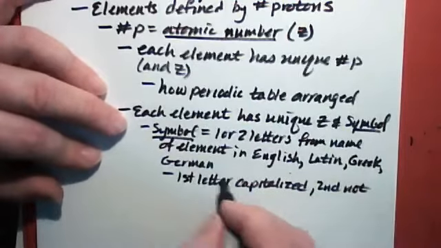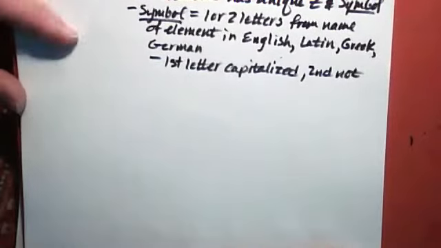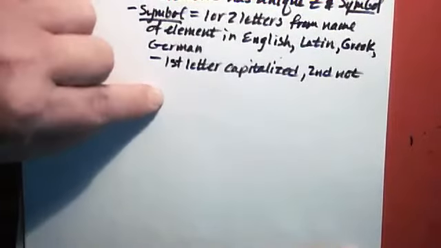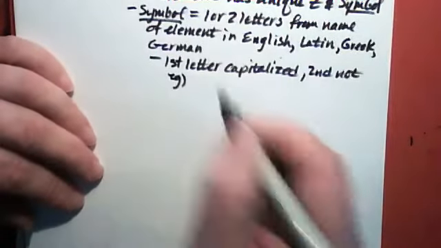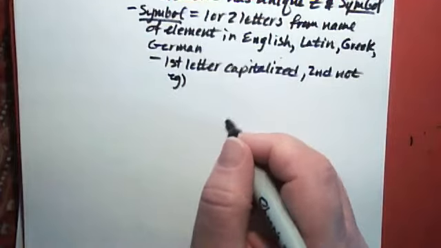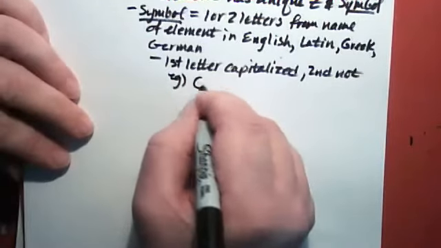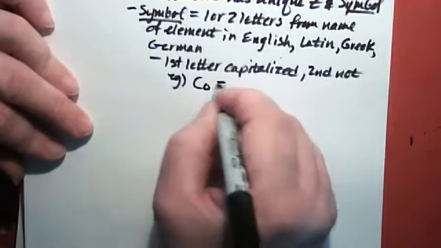And it's important to remember when writing the symbols for elements that the first letter of each symbol is capitalized, and the second one, if there is a second one, is not capitalized. An interesting example of how not following those rules can lead to confusion would be to look at the metal whose symbol is Co. That's cobalt.